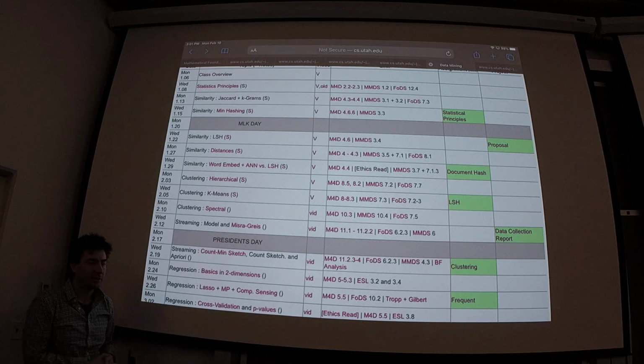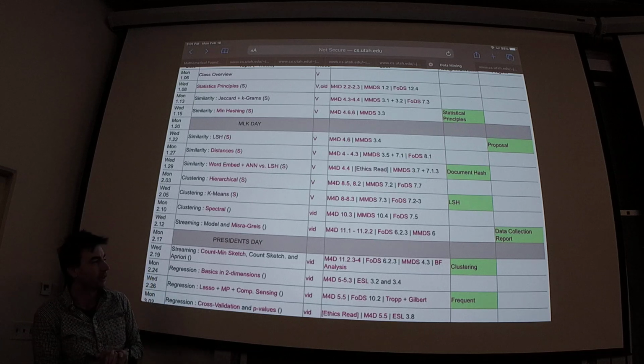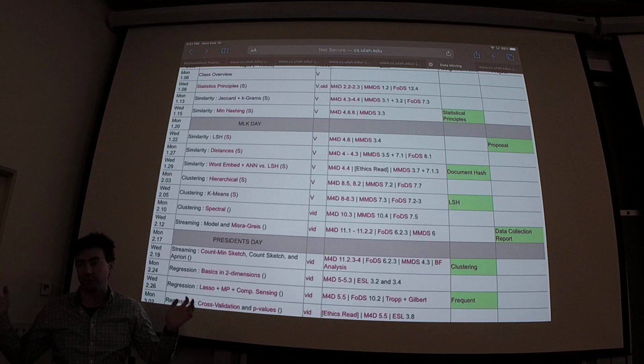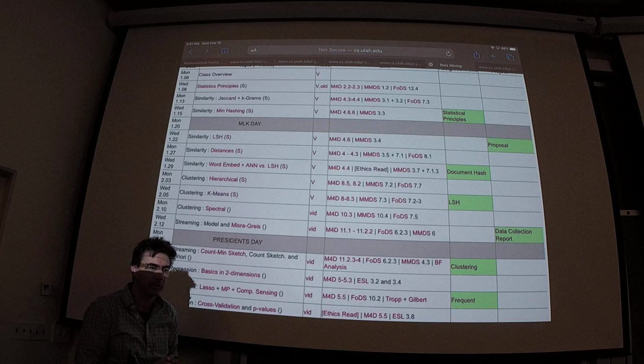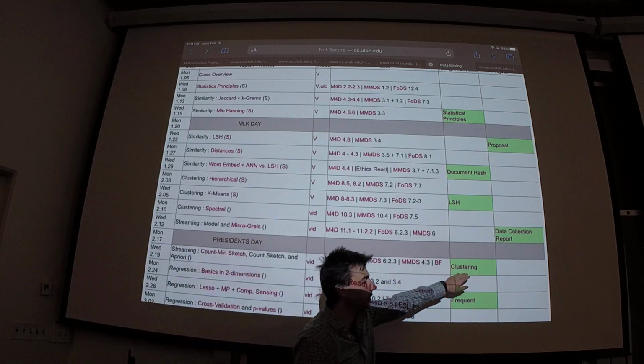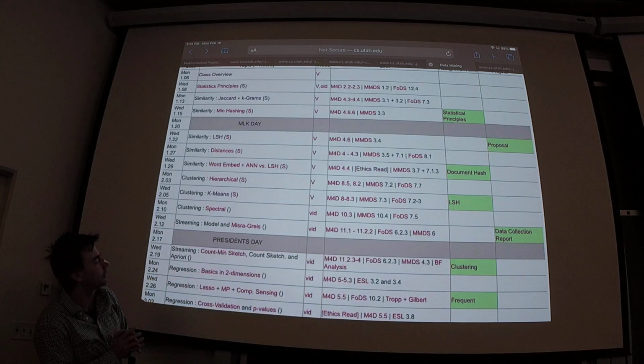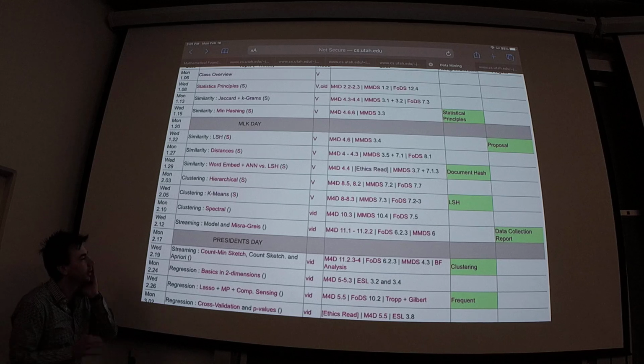There are other types of clusterings that we haven't talked about, but this is a pretty good cross section of the general types of techniques out there. And then you'll get to play with a bunch of those in your homework, which is posted as well.